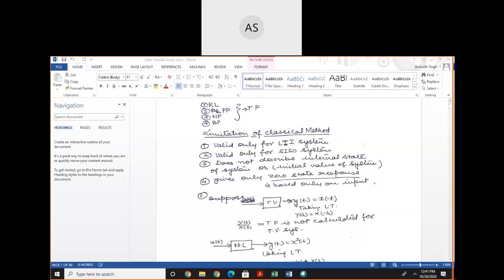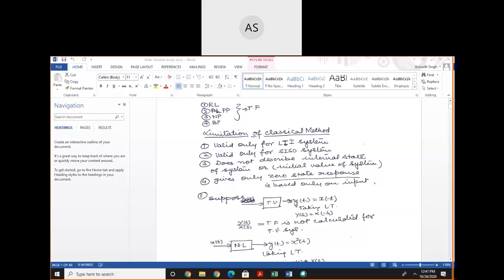Second disadvantage of classical method is it is valid only for single input and single output systems, and this method does not describe the internal state of the system. Internal state of system means initial values or initial states of the system.